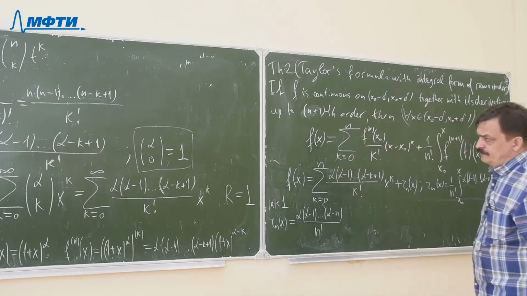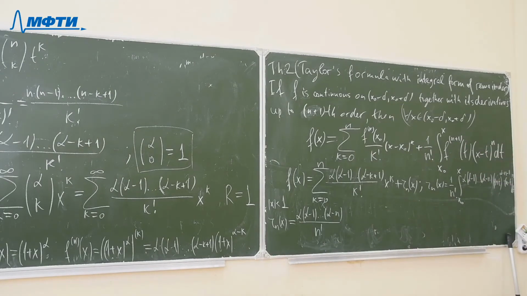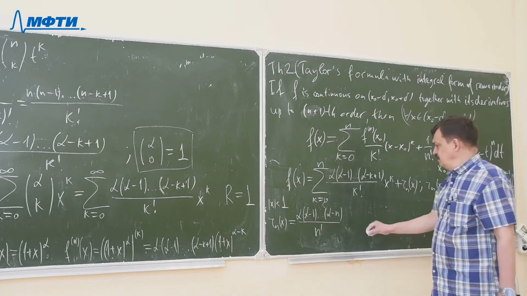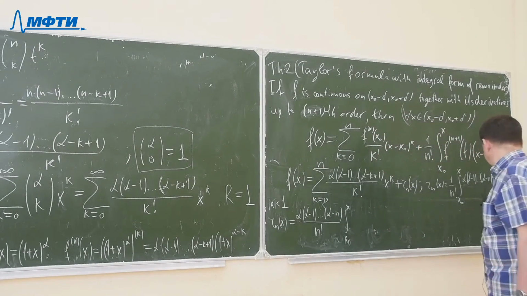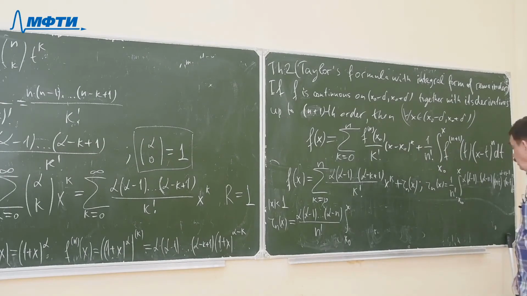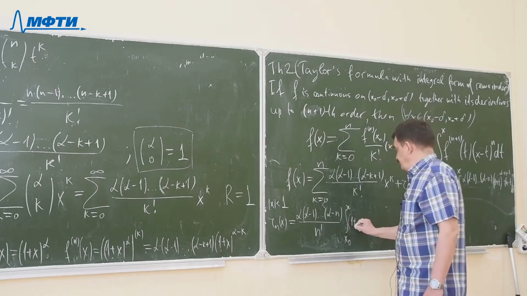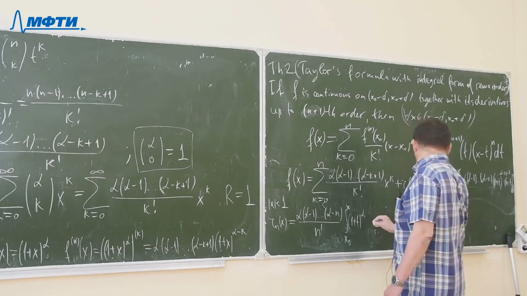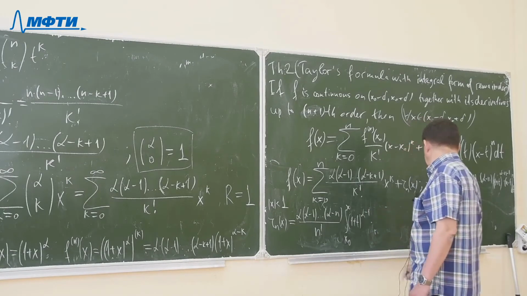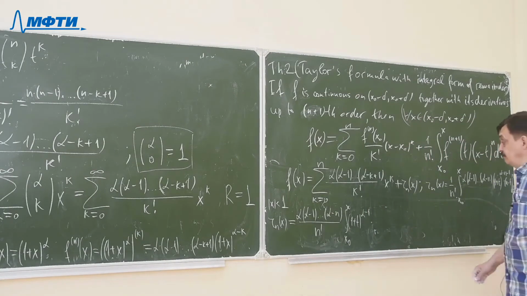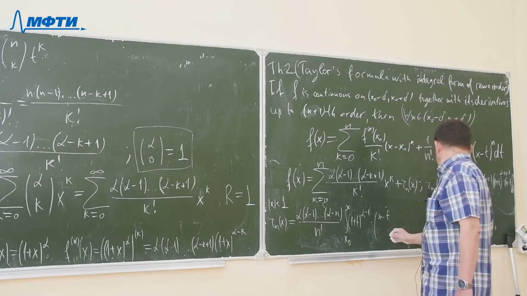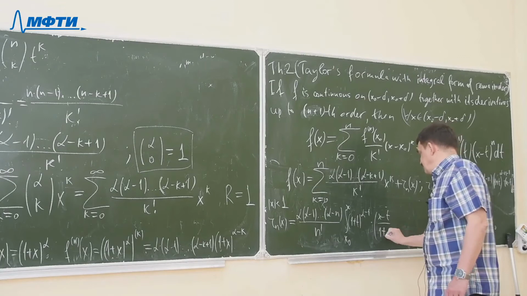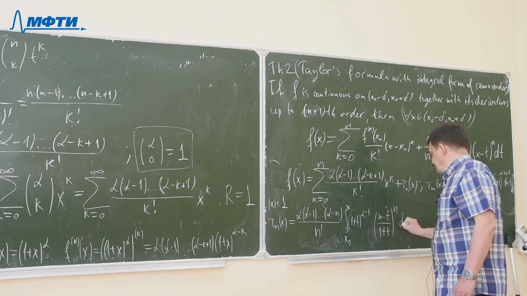You see, this is not precisely the binomial coefficient for alpha n, it's slightly different. And then the integral from x naught up to x of (1 plus t) to the power alpha minus 1 times ((x minus t) over (1 plus t)) to the power n.